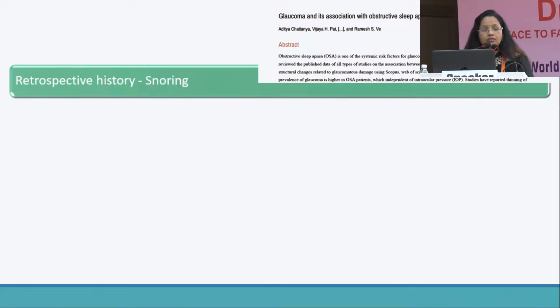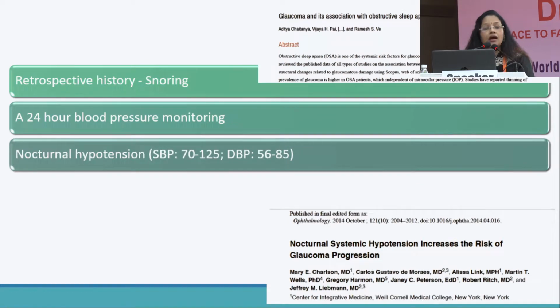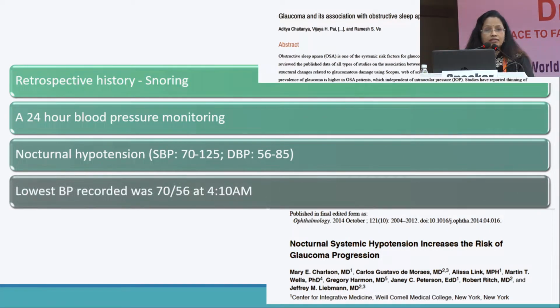We asked about the history of snoring, because sleep apnea has been associated with progression of glaucoma. Because she was a hypertensive patient, a 24-hour blood pressure monitoring was done, and it was very noticeable that there was nocturnal hypertension, a blood pressure of almost 170/56 seen early in the morning around 4 a.m. Nocturnal hypertension is associated with risk of glaucoma progression because of reduced diastolic perfusion pressure.